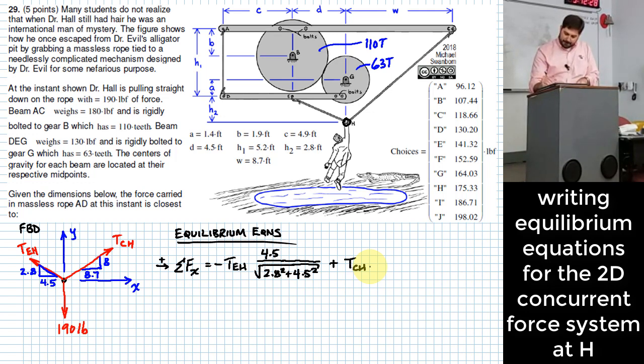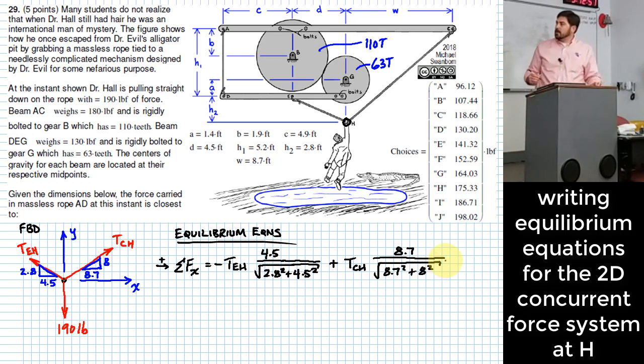Just like I did on the last one, I take the horizontal piece of this little triangle and divide by the length of that hypotenuse. The length of that hypotenuse is going to be the square root of 8.7 squared plus 8 squared. And those appear to be both of the components that I would need in the horizontal direction.